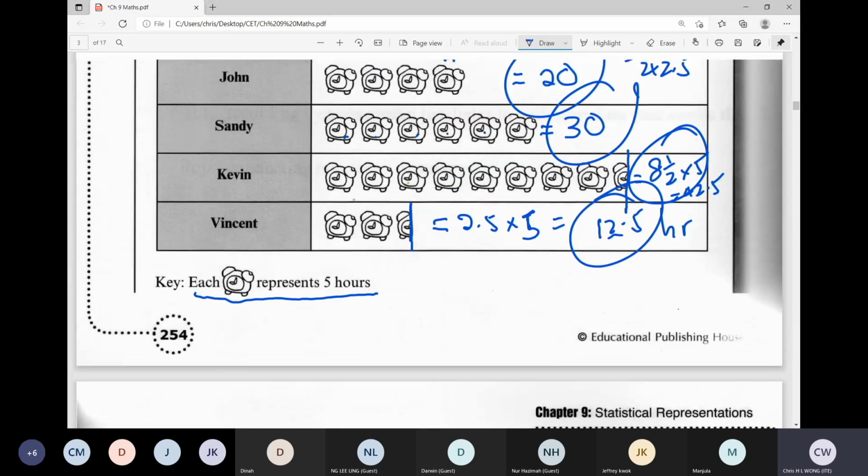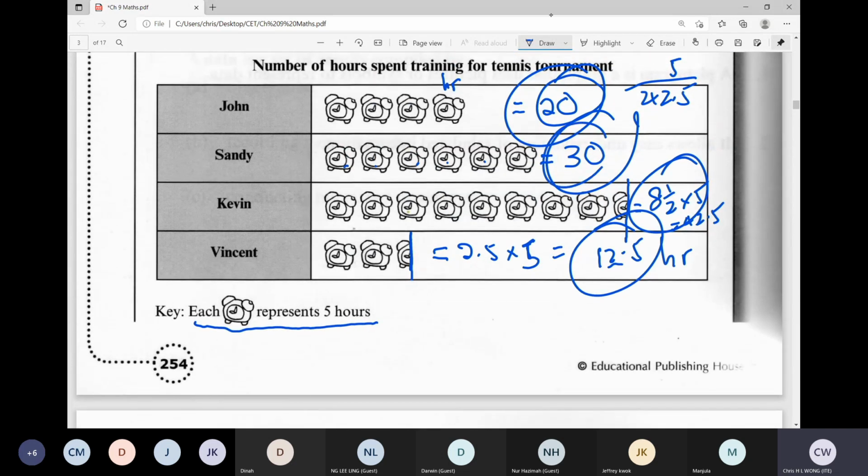So if John spent 20, this guy spent 30, 42.5 and 12.5 and so on, just add them all together. Just addition only.